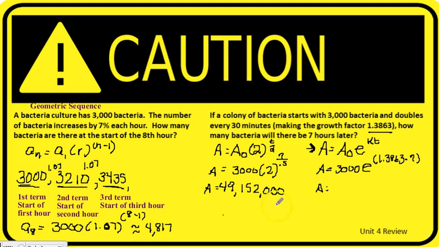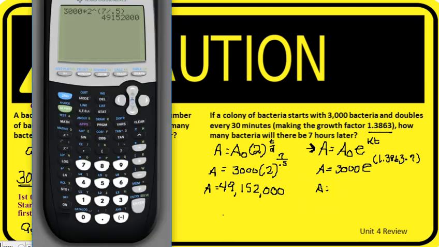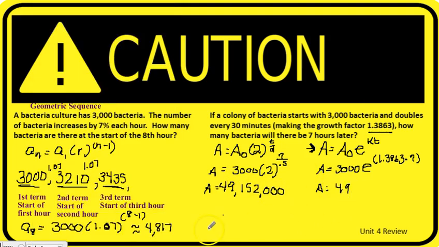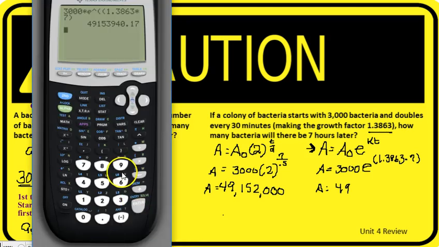So if I entered that into my calculator, I'm going to get an answer that's close but slightly off because, again, this 1.3863 is actually a rounded value. And so here I get 49 million 153,940.